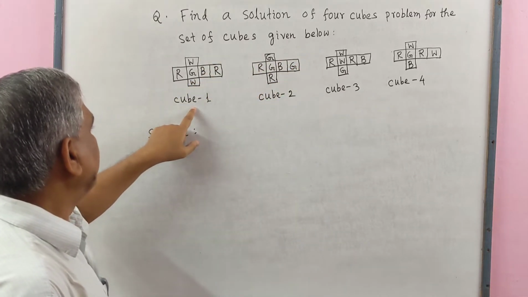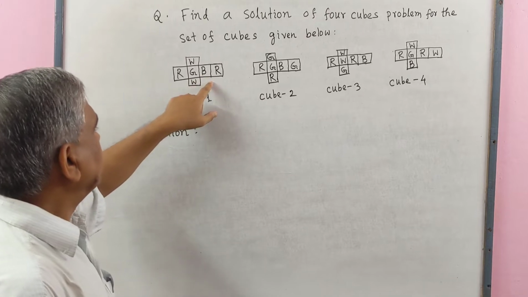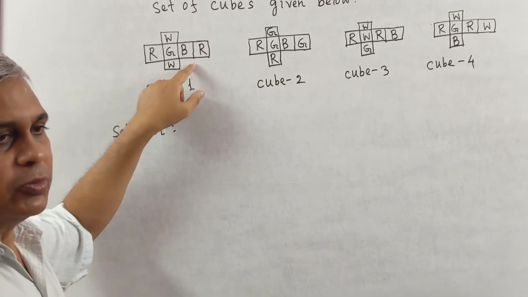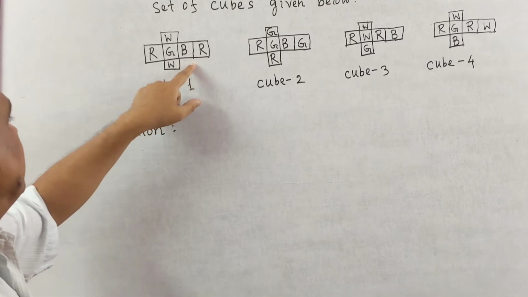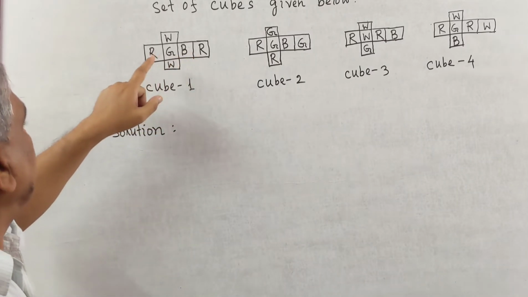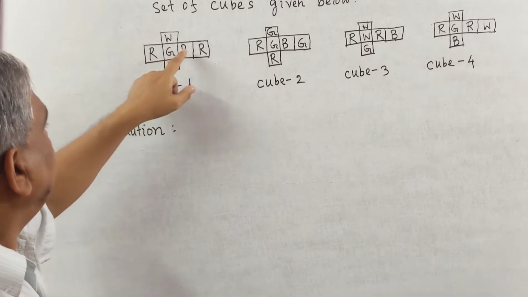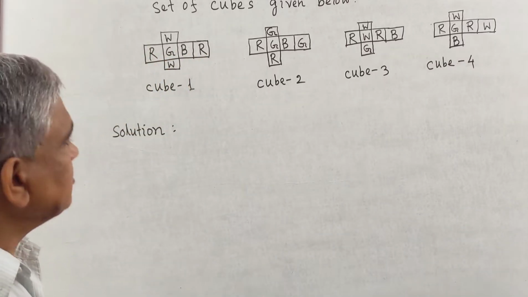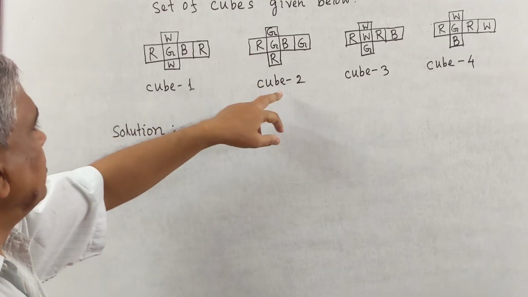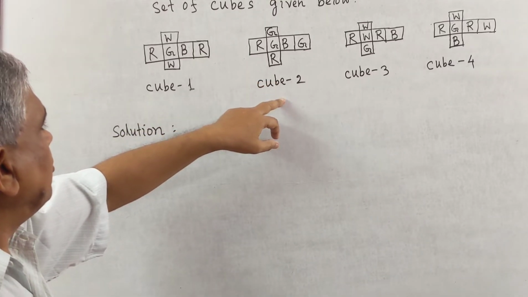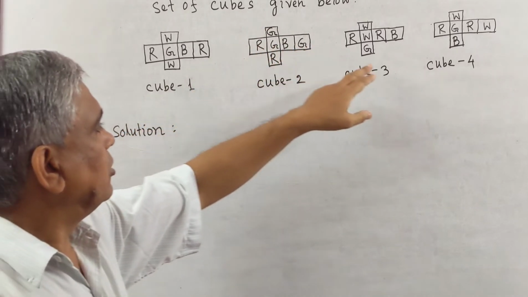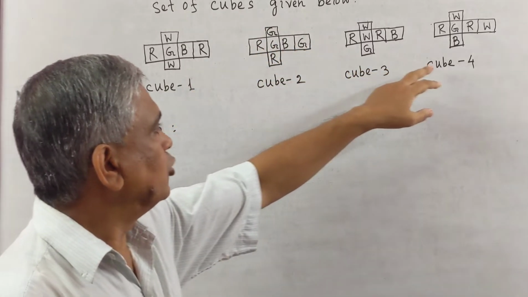Cube number 1, the 6 faces of first cube has the colors R, G, B, R, W, W. The color of the faces of the second cubes are like this. Cube 3, this is cube 4.